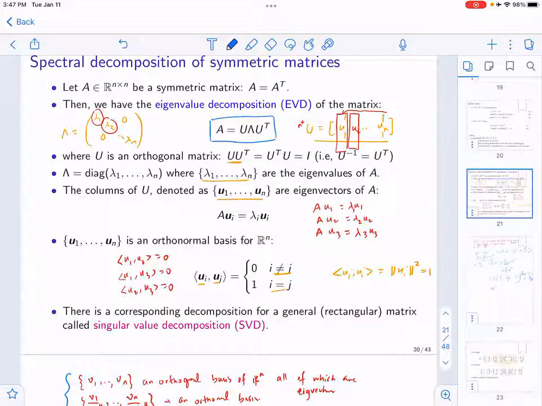The fact that this leads to this decomposition is very useful for symmetric matrices, that such a decomposition exists for every symmetric matrix. It's a little bit more than just eigenvectors and eigenvalues. I mentioned that the eigenvalues could be all the same, but still you can find the orthonormal basis.